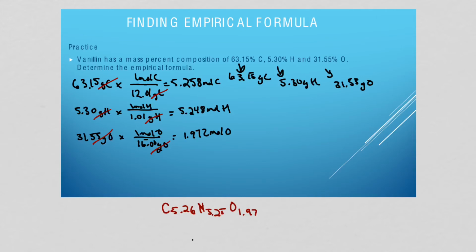Remember, our first thing is to divide by the smallest number of moles. In this case, that's the 1.97. So I'm going to take all of these and divide through by 1.972.